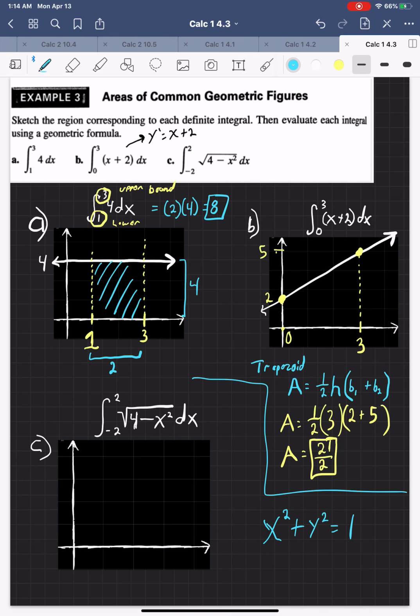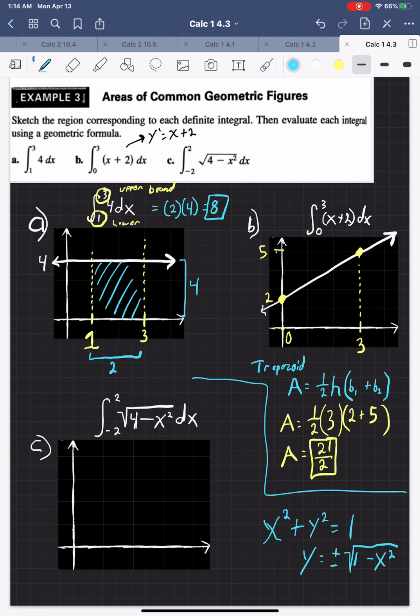Now, if you were going to solve for y, what would that be? That would be a circle, right? That would actually be the unit circle. So if you solve for y, you would have y is equal to plus or minus. Now that plus and that minus is important because it would be the square root of what? Well, in this case, it would be 1 minus x squared.